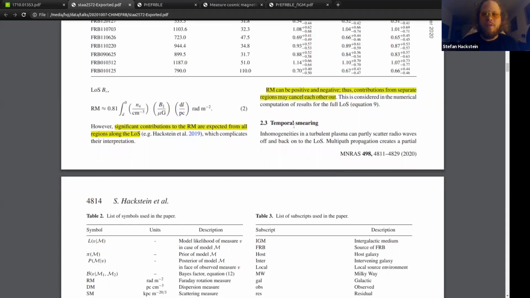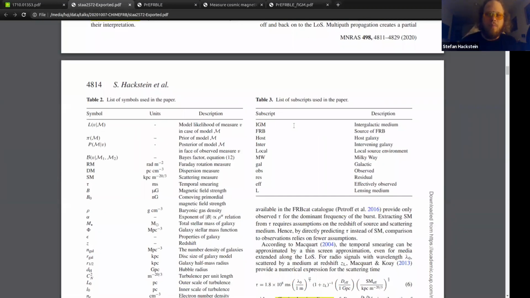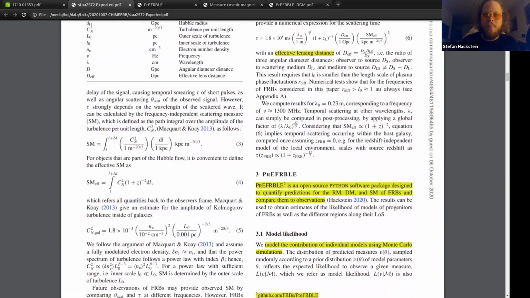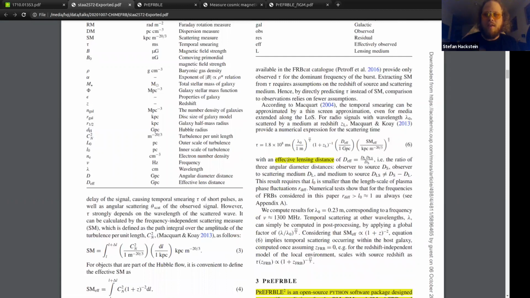The third observable that we are looking at is the temporal smearing, so the broadening of the pulse of fast radio bursts. What is special about this is that the effective lensing distance of the lensing material is of interest. So the closer to the center of the line of sight the lensing material, the stronger is the scattering that we observe.